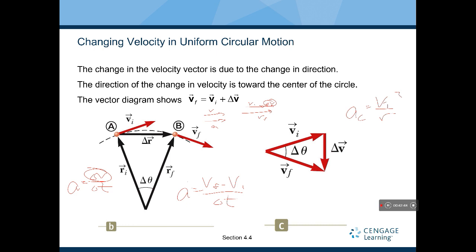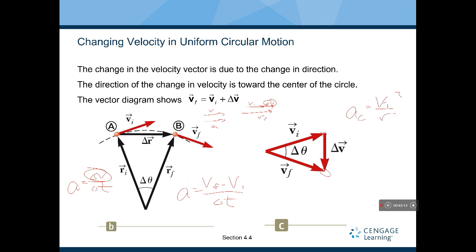Yes? Now, when it changes direction, is there still a change in velocity? Yes, that's demonstrated right over here. If I was going up this way and I'm now going down that way, my change in velocity is still pointing from the original to the end of the final.